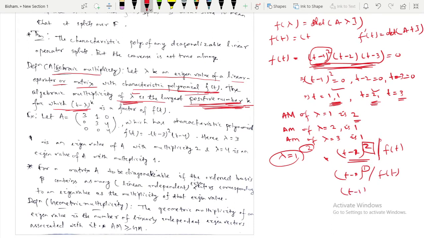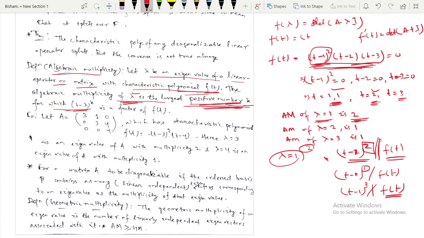If someone will say t minus 1 to the power 3, this thing does not divide your characteristic polynomial. Thus (t minus 1) to the power 2 divides f of t, so 2 is the algebraic multiplicity for lambda equal to 1. So this is the algebraic multiplicity definition.